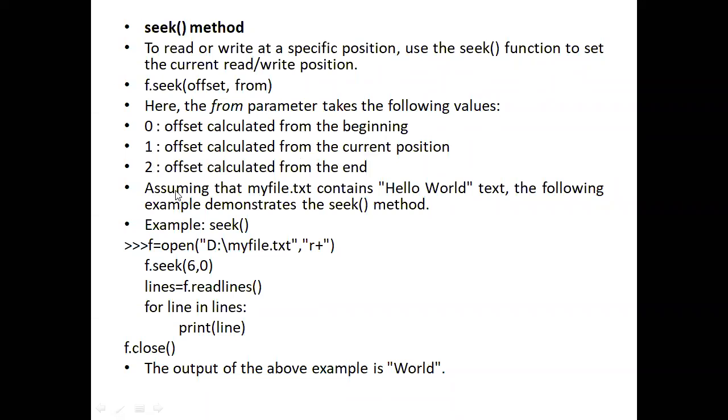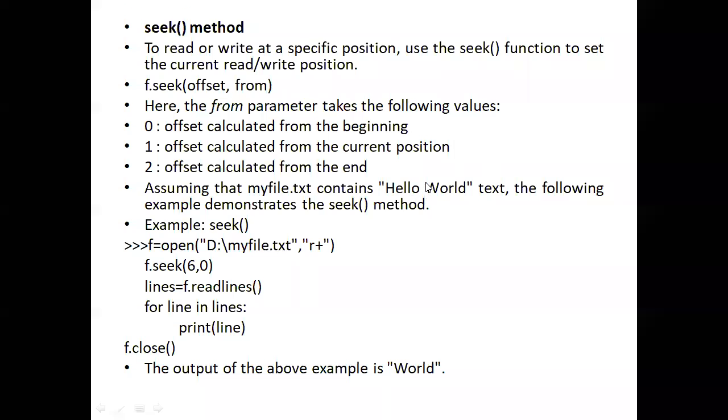Here they mention one string, assuming that my file.txt contains the text hello world. The following example demonstrates the seek method. seek(6, 0) means 6 bytes, that is 0 1 2 3 4 5 6.